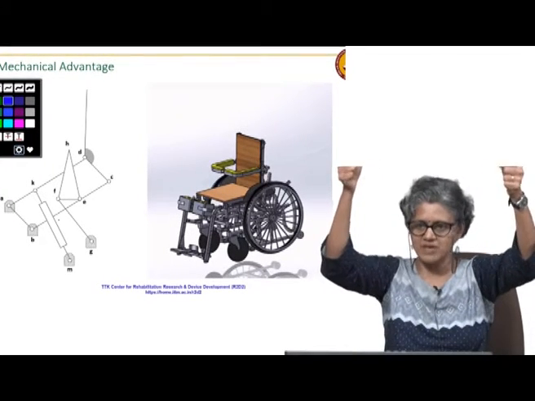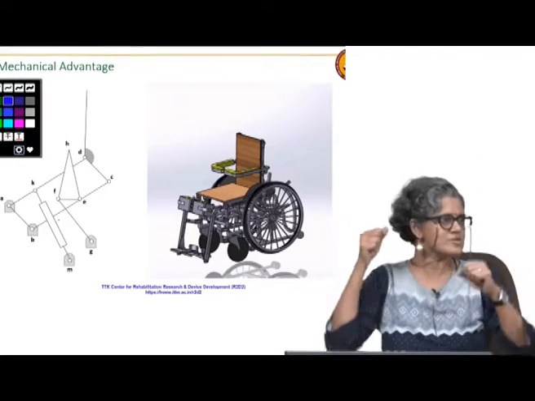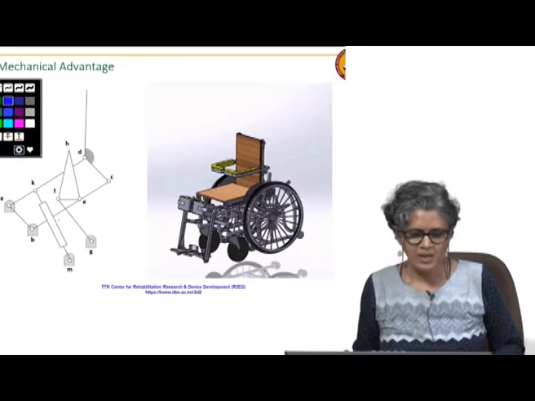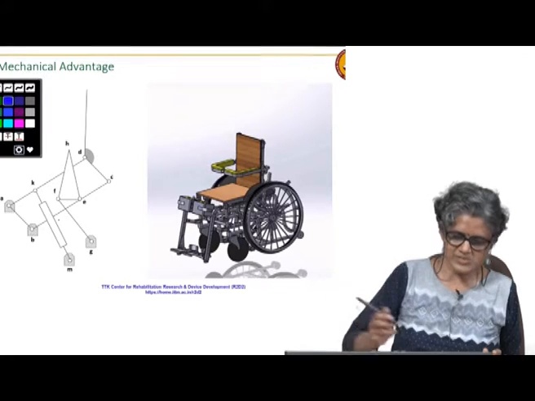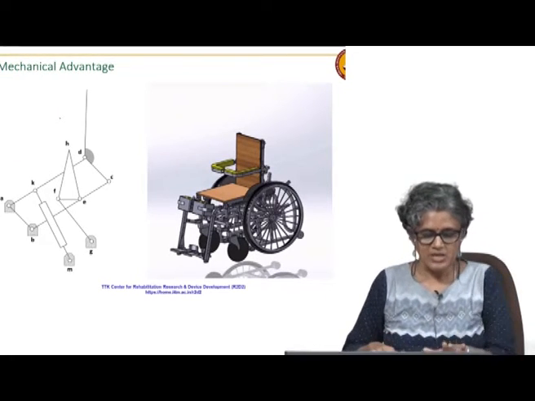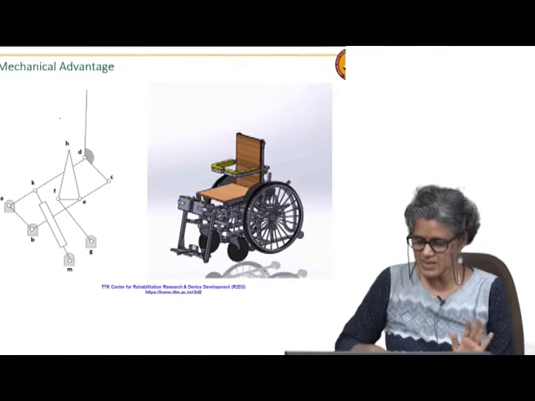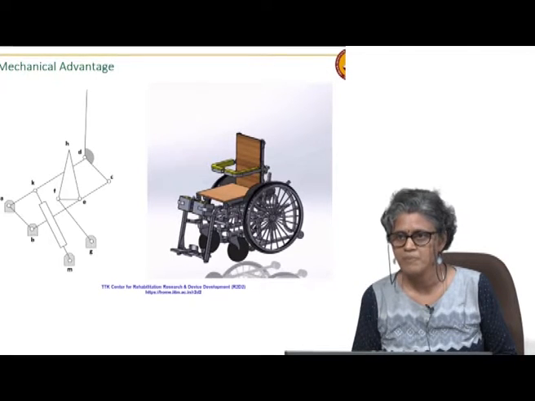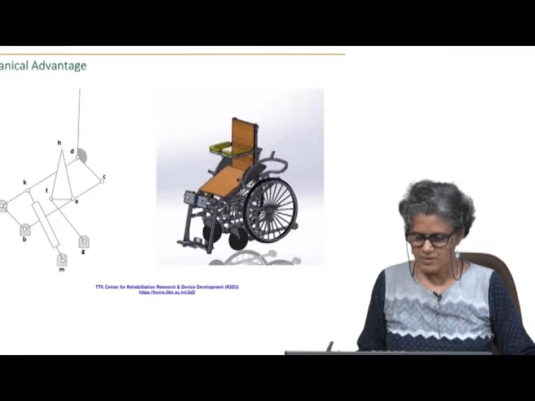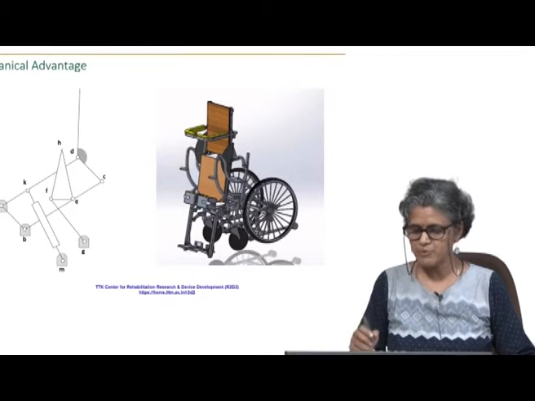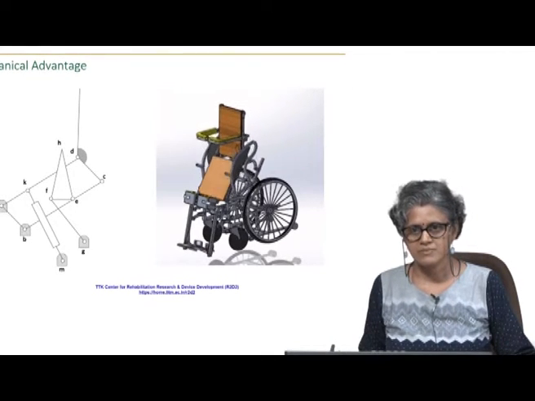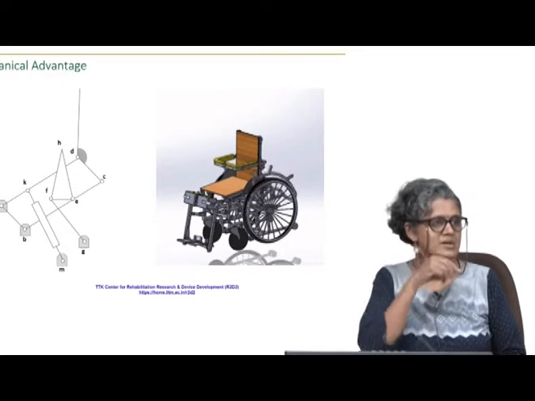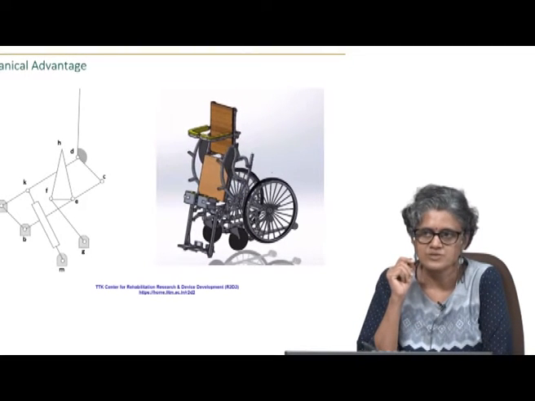Beyond that, if the handle is here, because of the way my body is structured, I am not going to be able to apply the maximum force. So, then what do we do? If you just had the mechanism, kinematically yes, you can make it move. Kinematically I can simulate it, but if I put a weight on it, I cannot apply enough force to make it come up to the standing position.